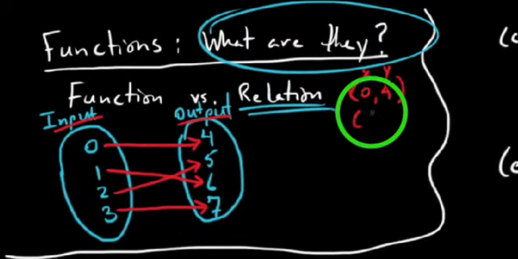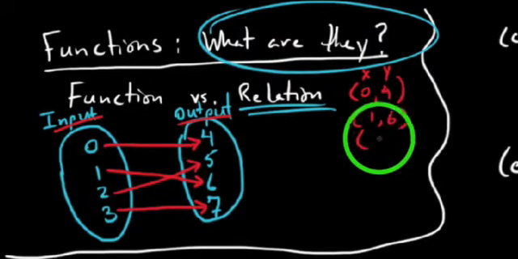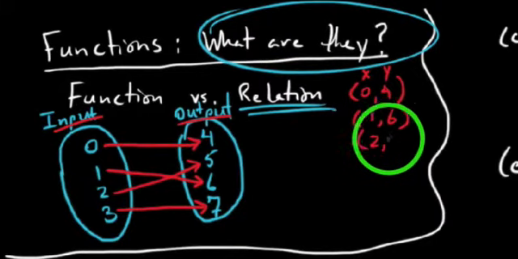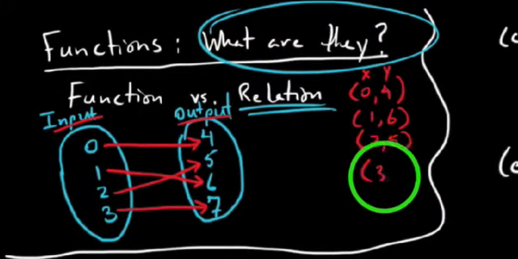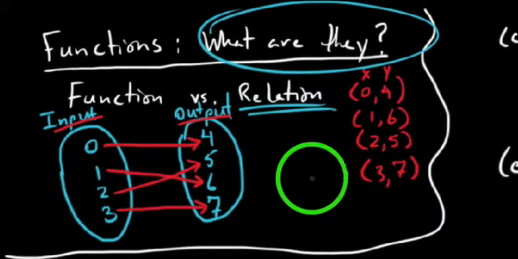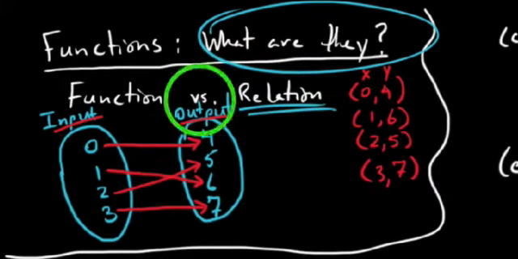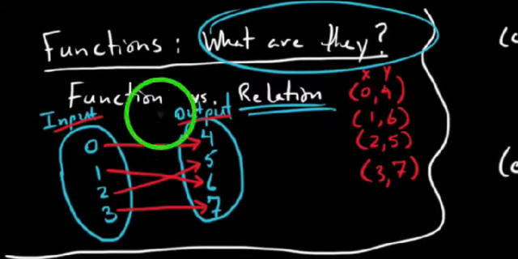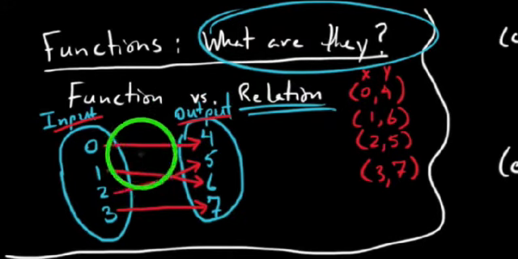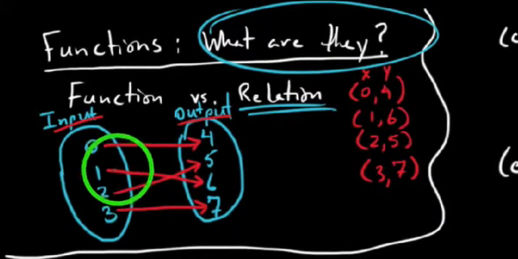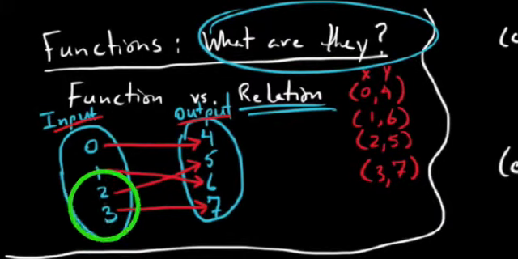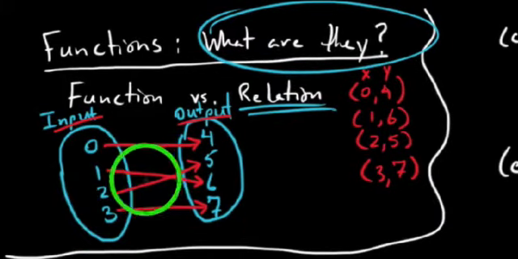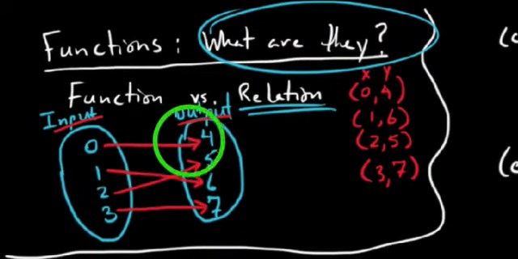And again, we could explicitly write these out as ordered pairs, 2, 5, and 3, 7. But what this does is it defines a specific relation between these two sets of things, this input and this output. So the first thing I want you to notice about this relation is that every single one of these input values over here, 0, 1, 2, and 3, notice how many output values each one mapped onto.